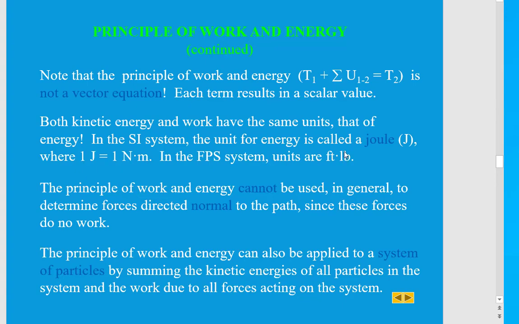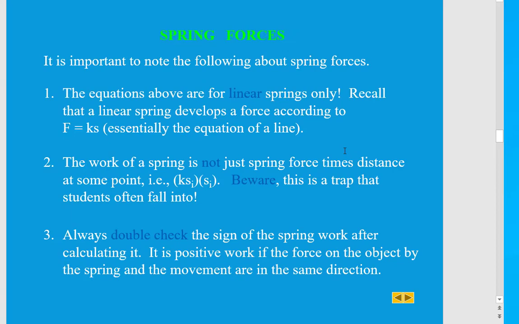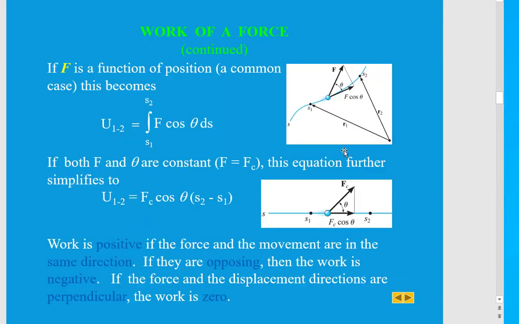All right, now let's talk about the different forces. We have talked about the work done by the force as changing the state from 1 to 2, and that could be caused by multiple types of forces.